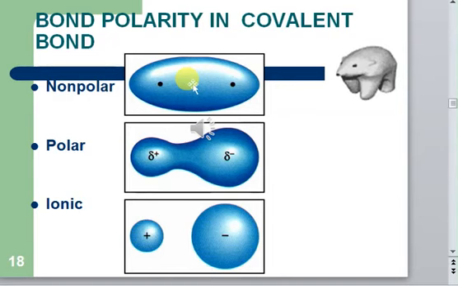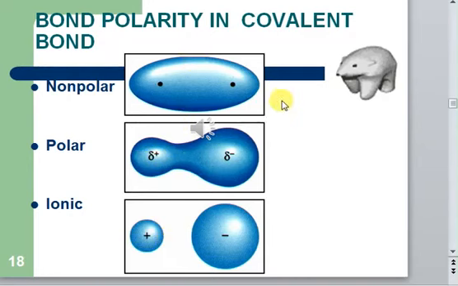So you can see that this polar bond is actually intermediate between a non-polar covalent bond and an ionic bond. Right? If the electronic density becomes symmetrical, that will become a non-polar covalent bond, and if the electronic density becomes completely separated, there will be an ionic bond. So that's why we say that a polar covalent bond is actually intermediate between an ionic bond and a pure covalent bond.